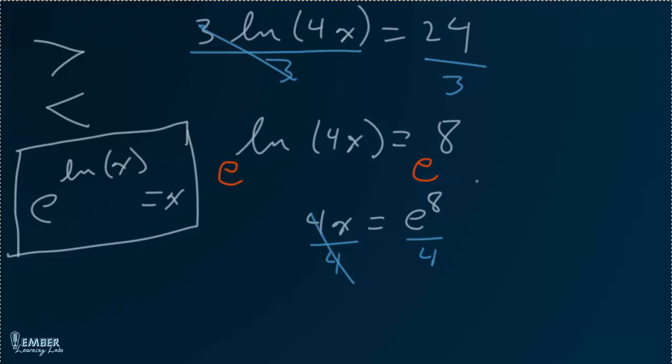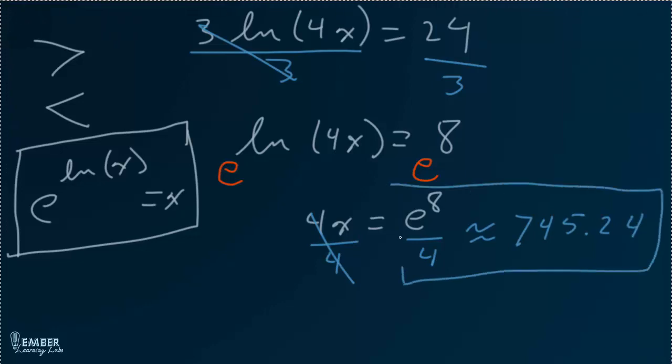So x equals e to the 8th over 4, which is approximately equal to 745.24. So there is your final answer in exact form and in approximate form.